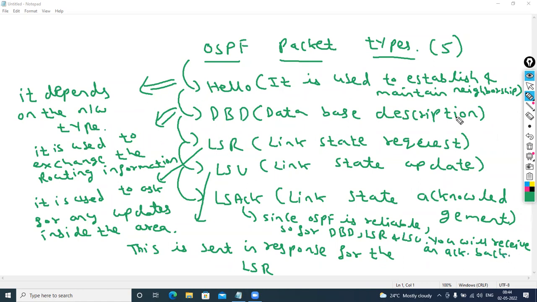So DBD, LSR, and LSU are reliable packets. These are reliable. This is about OSPF packet types.